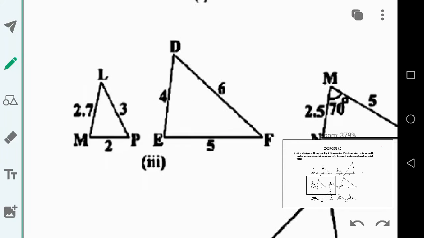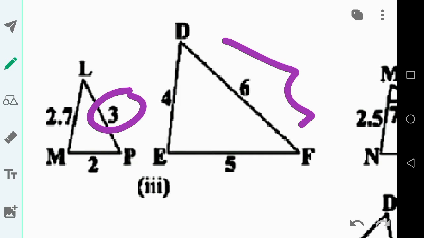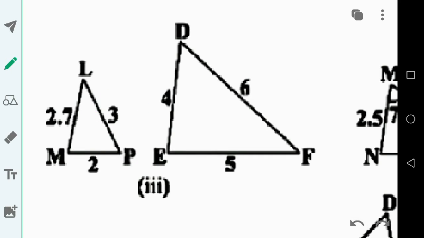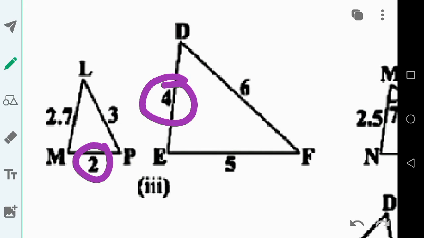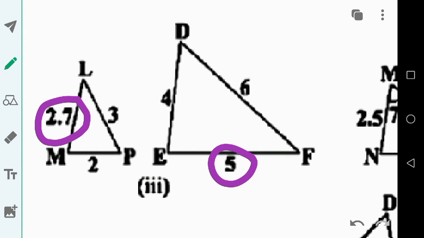Okay, so now let me show you the next pair. Now you see in this pair, the side DF is 2 times LP and the side PE is 2 times MP, but 5 is not 2 times 2.7, that is, EF is not 2 times ML.